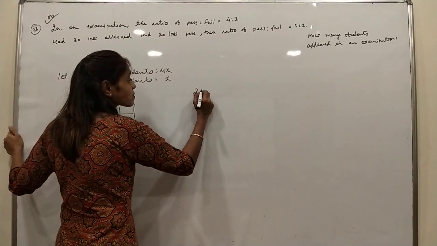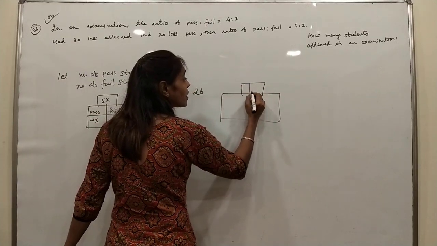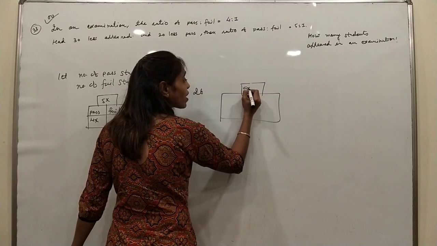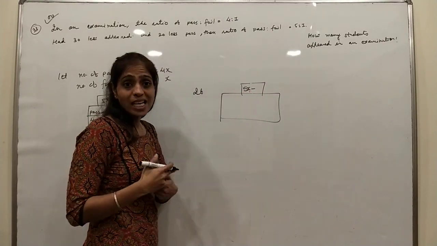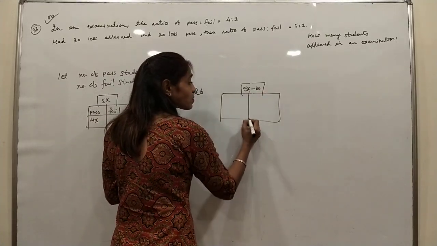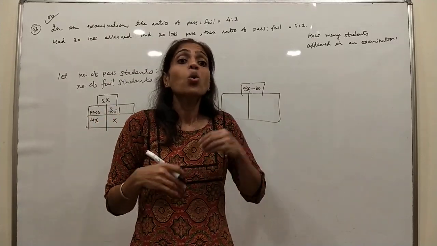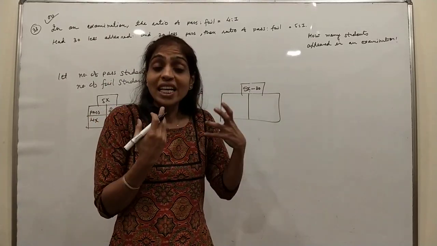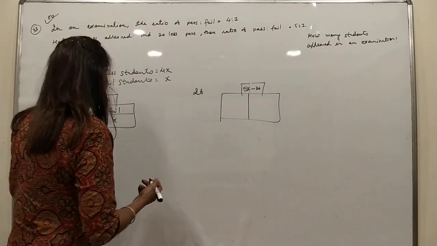But if 30 less appeared, initially 5x students were enrolled for the examination, but now 30 students less appeared. Total number of students who gave the exam was 30 less as compared to the initial situation.